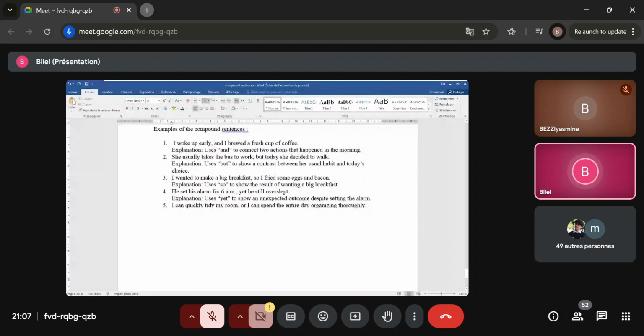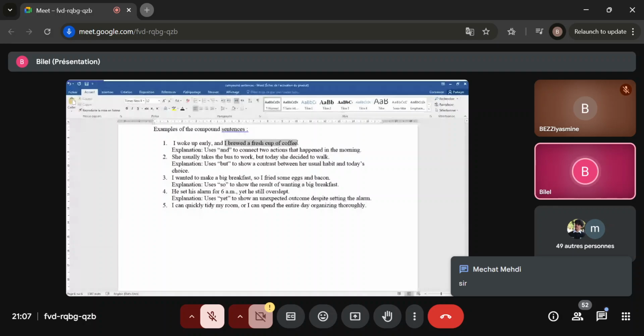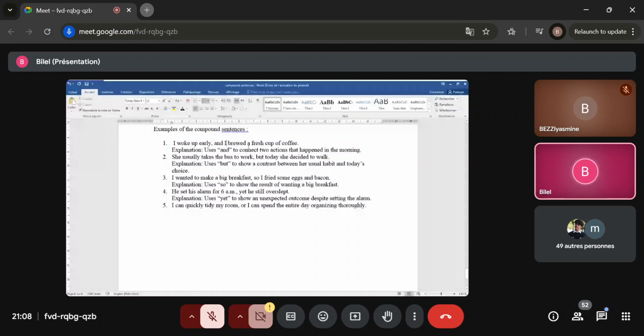We have got another independent clause: the subject is I, the verb is brought, and a fresh cup of coffee is the direct object, joined by the coordinating conjunction and. And we have got before and another comma.